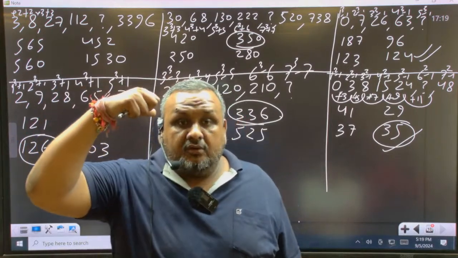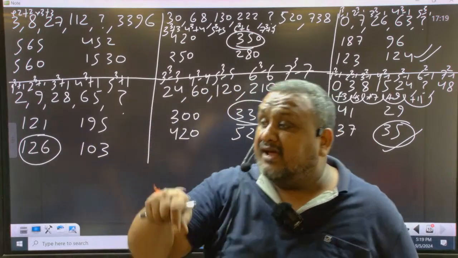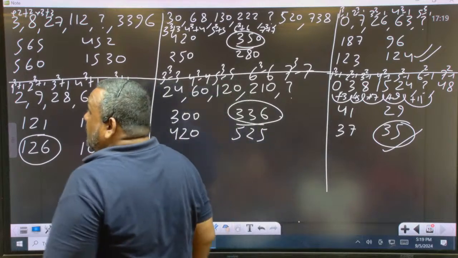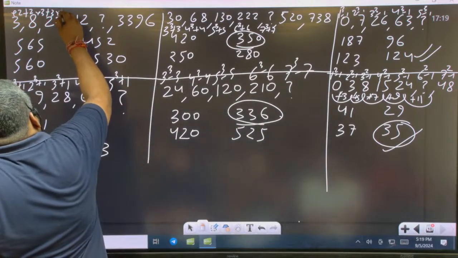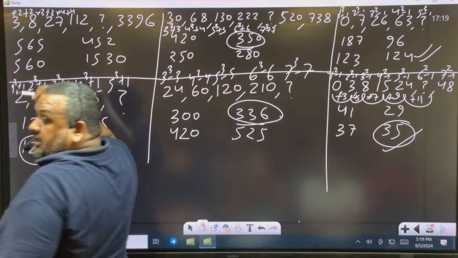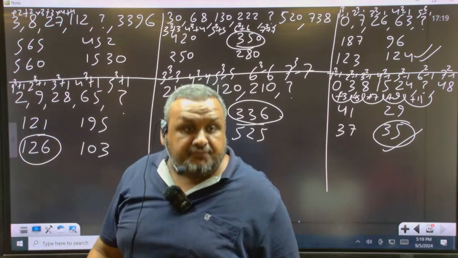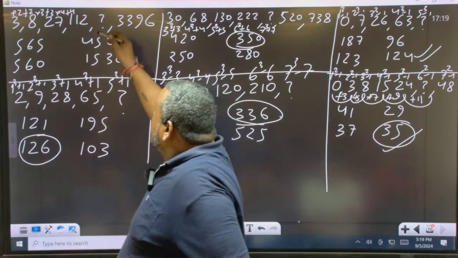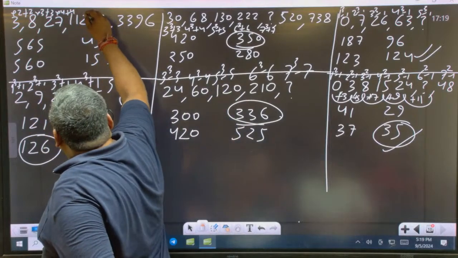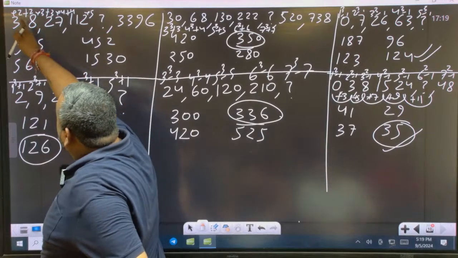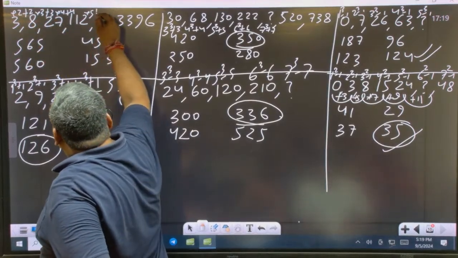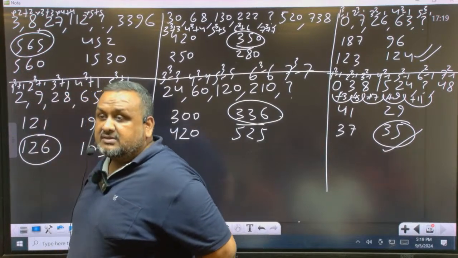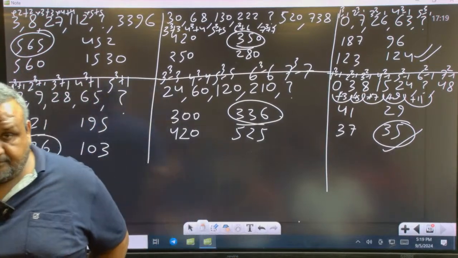Into 2 plus 2, into 3 plus 3, then into 4 plus 4. 27 4s are 108 plus 4, 112. And now to find the answer, it is into 5 plus 5. Answer is 565.